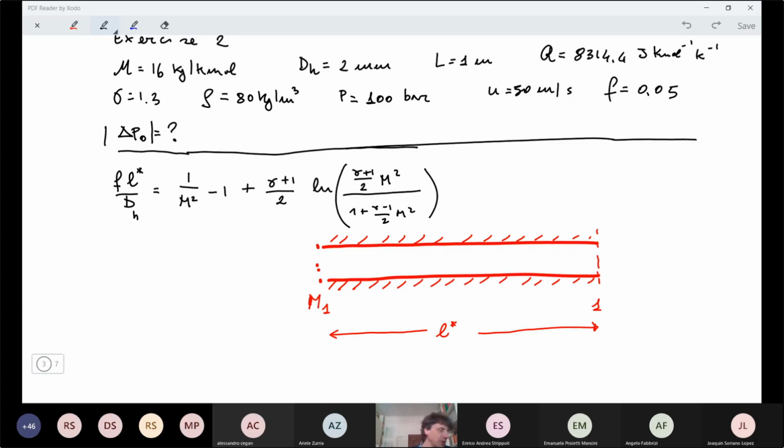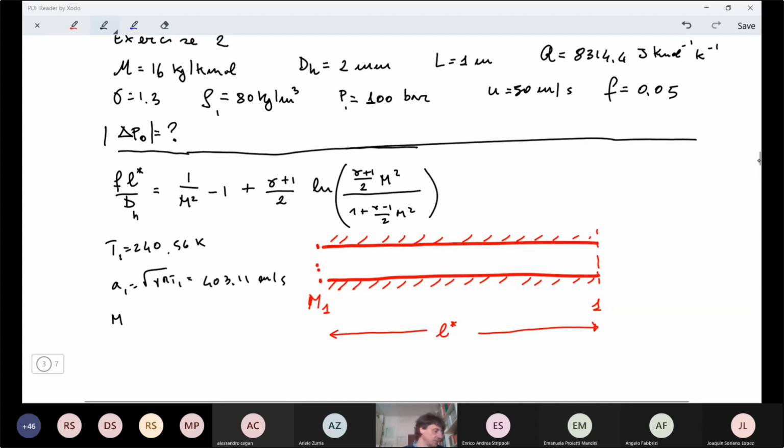We have P1, we have rho 1, so we can calculate also T through the R and M, so that T1 is 240.56 Kelvin, and we have that A1, square root of gamma R T1, is 403.11.